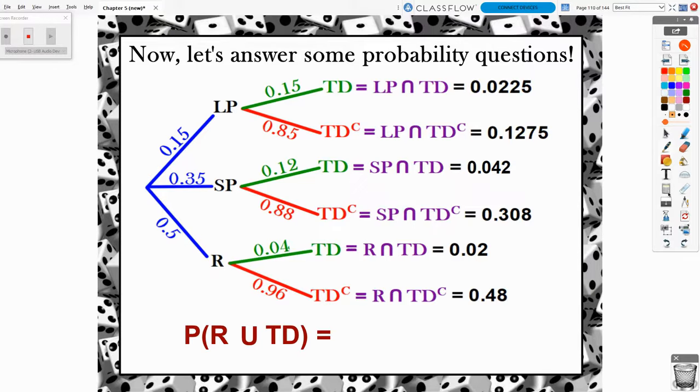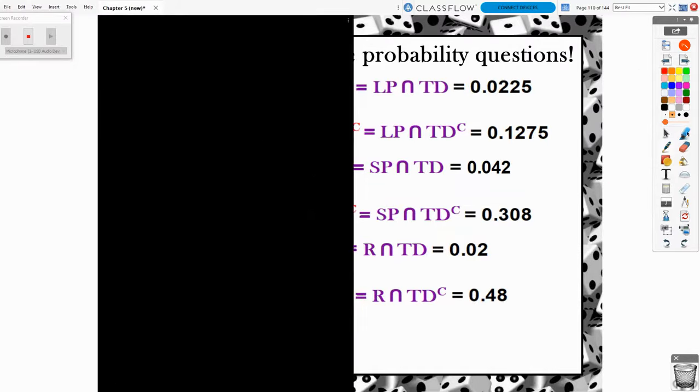What I would honestly do in this scenario is, again, look at these end probabilities. I'm looking for either running or scoring a touchdown. And if I happen to see both, bonus, that's icing on the cake, right? So this first one, does this represent either running the ball or scoring a touchdown? Yeah, scored a touchdown. I want to keep that probability. What about the second one? Running or scoring a touchdown?